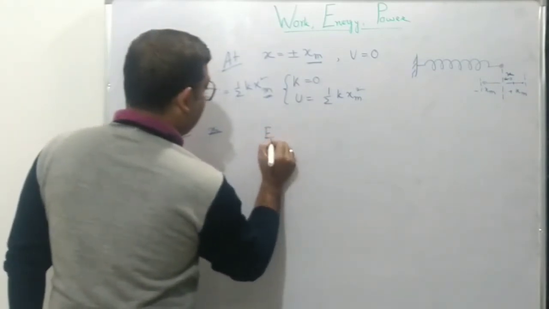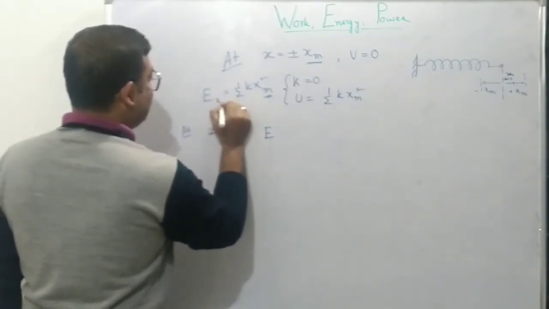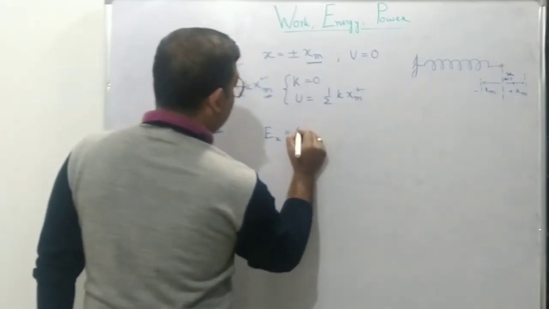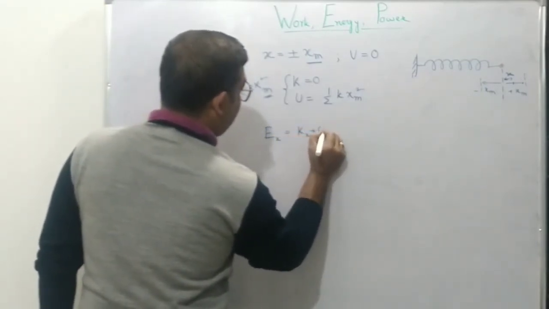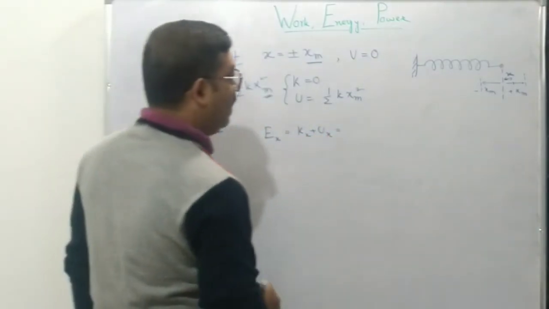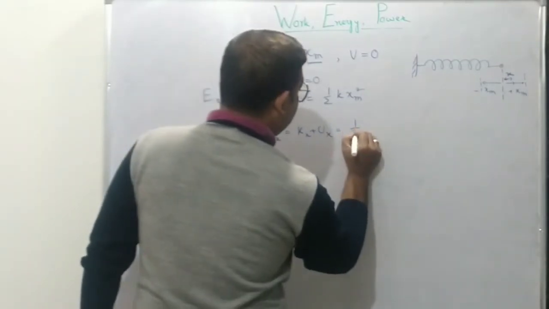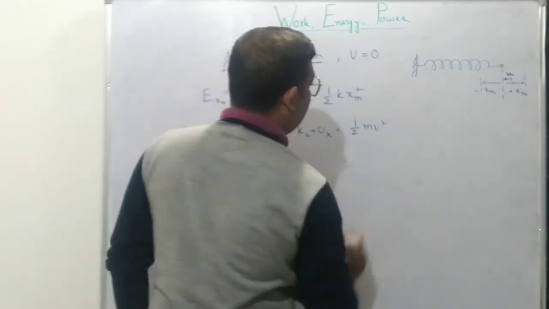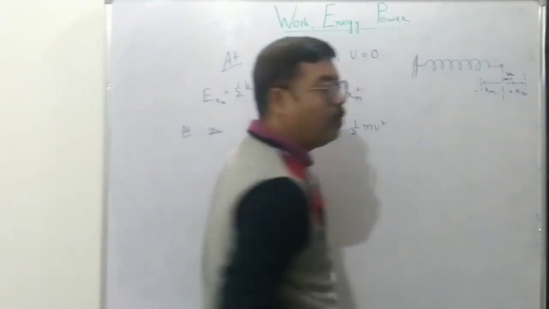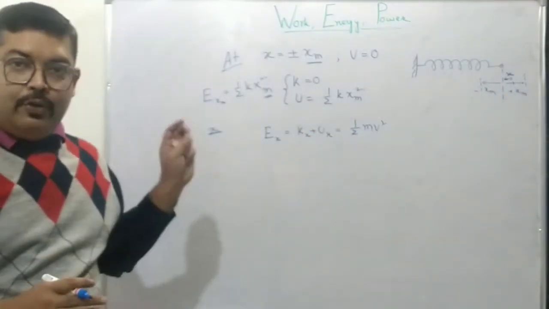Definitely, this is xm. Ex will be equal to K at x plus U at x, right? What is K? We say K is half m v squared, where v is the velocity at this particular point at the extension of x during its path.